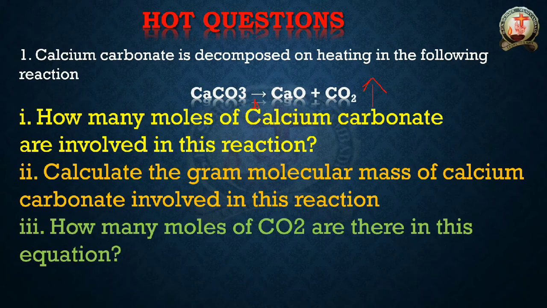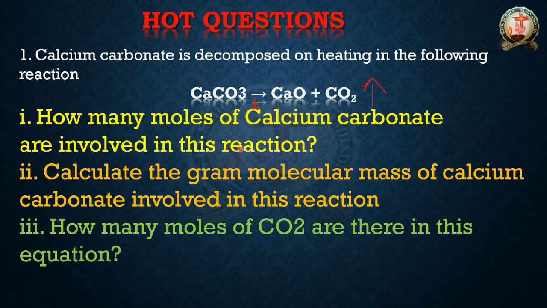Sometimes the equation is given, sometimes it is not. If calcium carbonate decomposes on heating, you can understand this and first write the equation, whether it is given or not. Look at the first question: how many moles of calcium carbonate are involved?